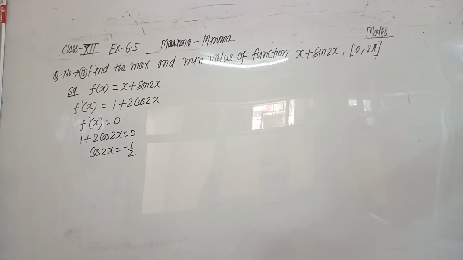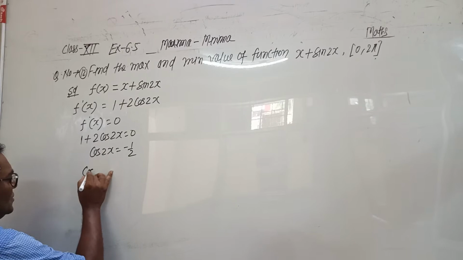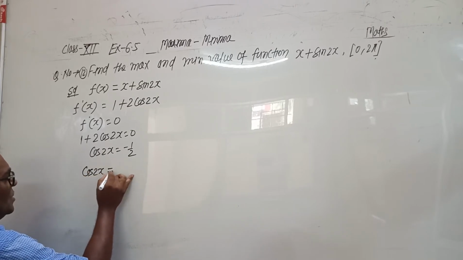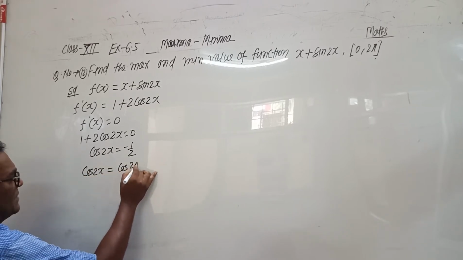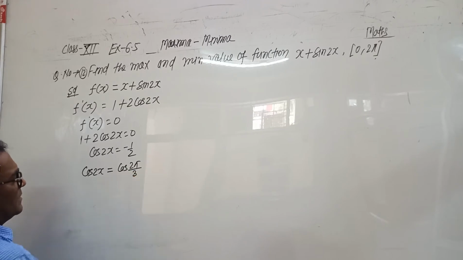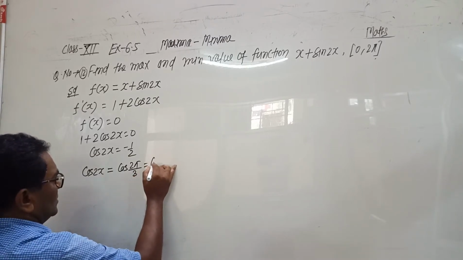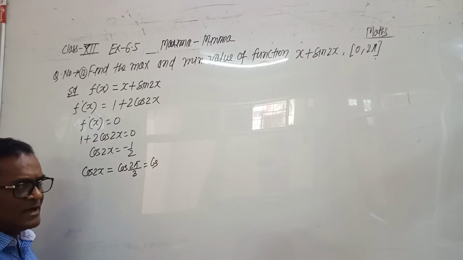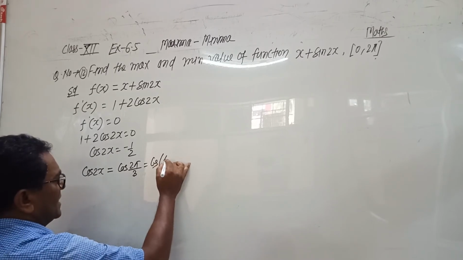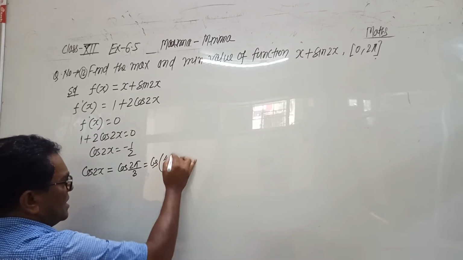So its value is cos 2x equals cos 2 pi by 3, which is pi minus pi by 3 in the second quadrant. Then in the third quadrant its value is negative, cos 4 pi by 3. How does it come?